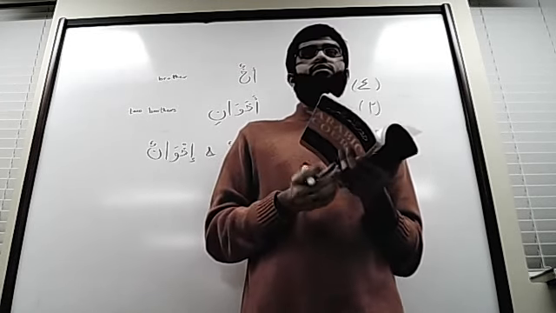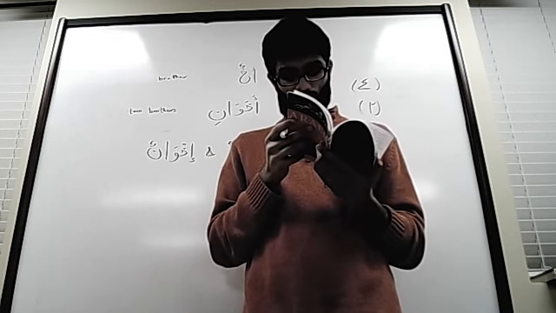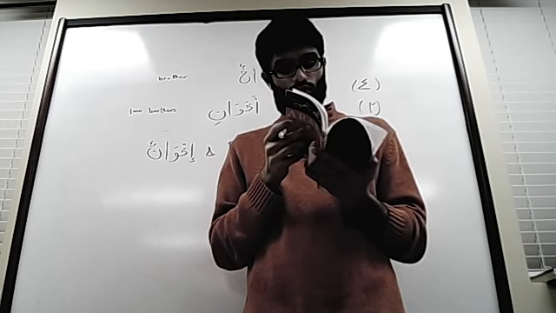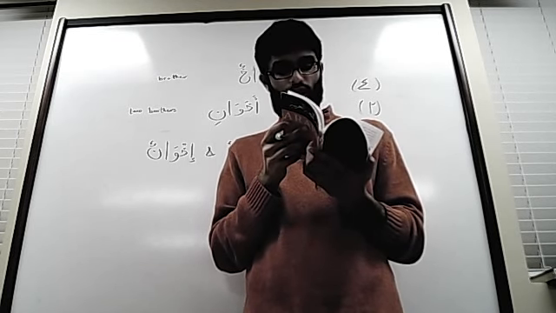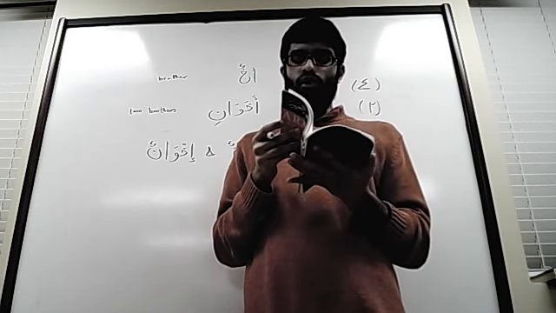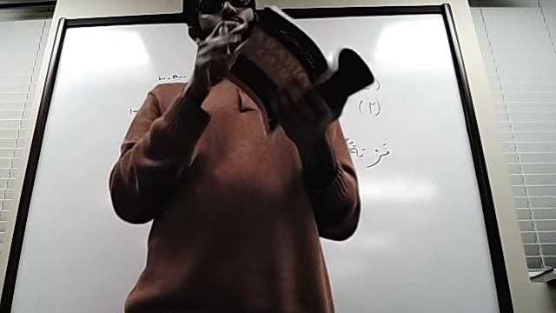Any questions? Look at that first one on 2. The order of that is kind of weird, isn't it? خالد له ابنان وبنتان. So it mentions Khalid first because it has to.